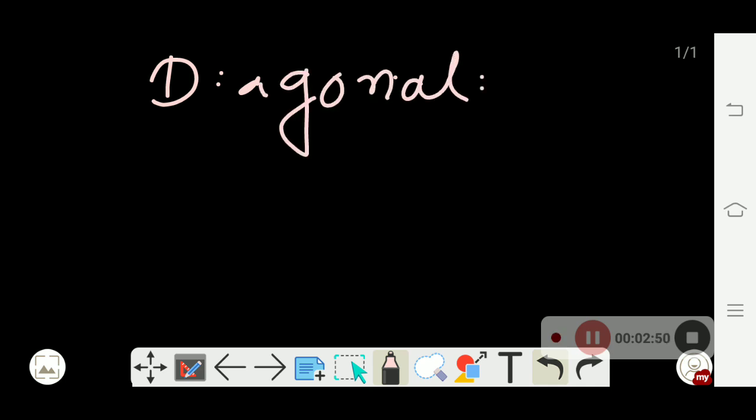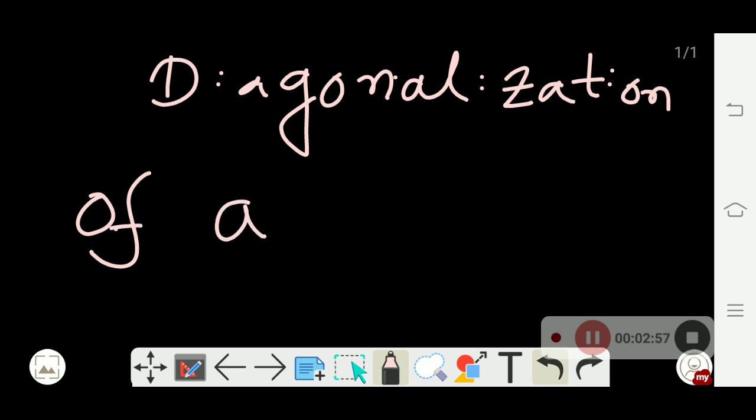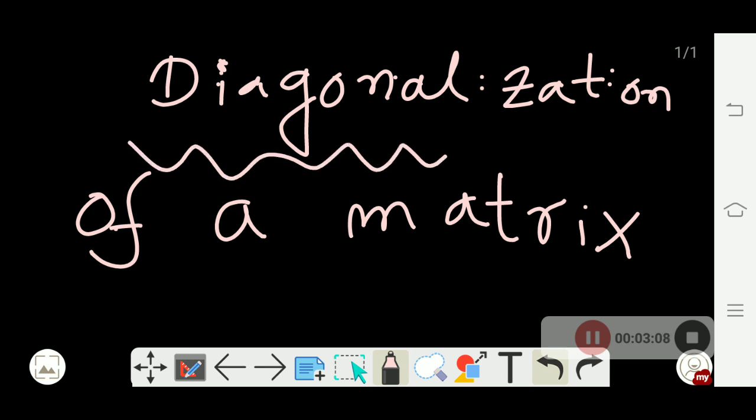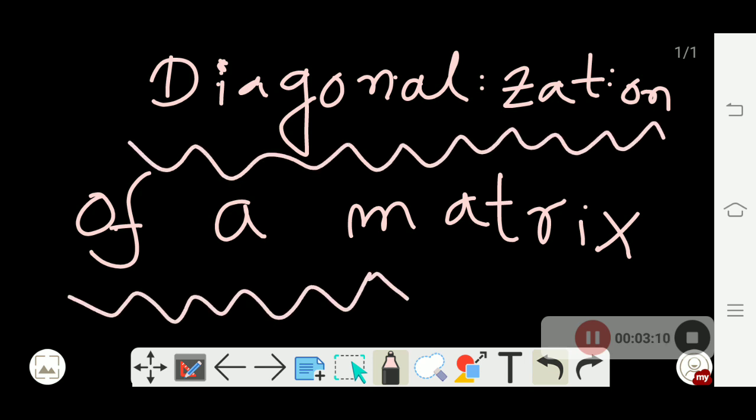The first thing we are going to learn today is diagonalization of a matrix.